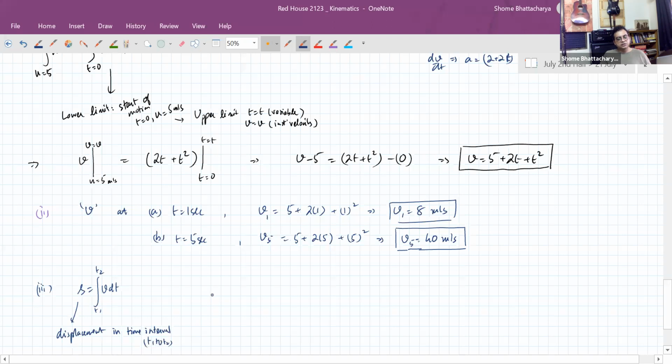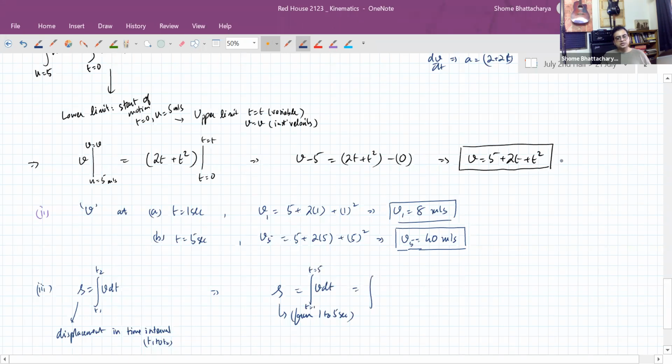That's the relationship. So here, displacement from 1 to 5 seconds, we have to calculate that, will be integration of velocity from t equal to 1 to t equal to 5 seconds.